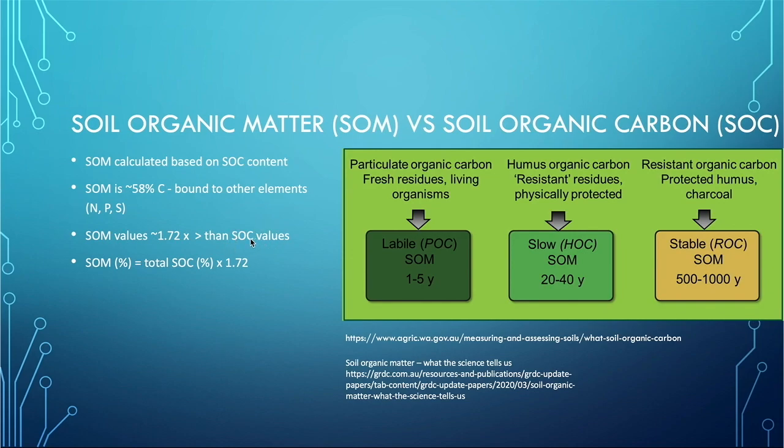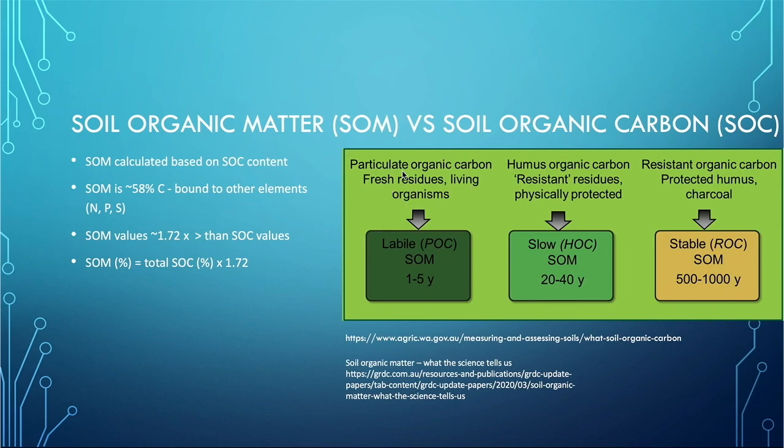So obviously carbon is part of that organic matter, so there's less of that carbon. So soil organic matter percentage equals total soil organic carbon times 1.72. And this is just your calculation to show you what the difference is between the soil organic carbon and how it's calculated in soil organic matter.